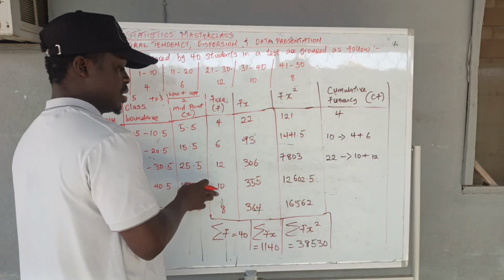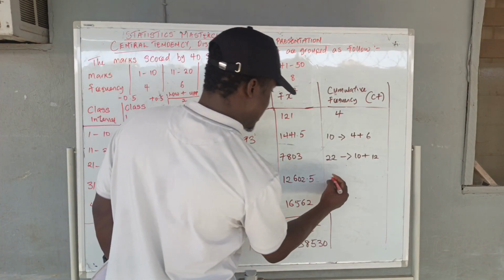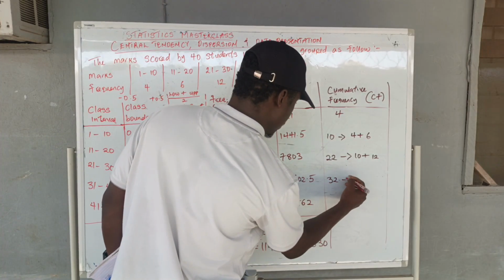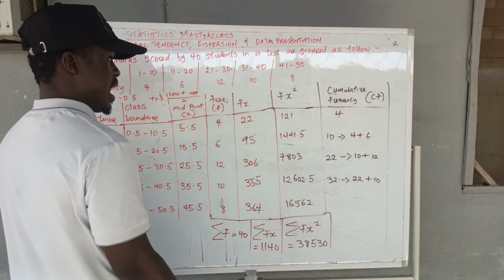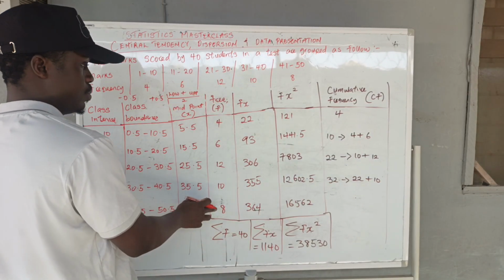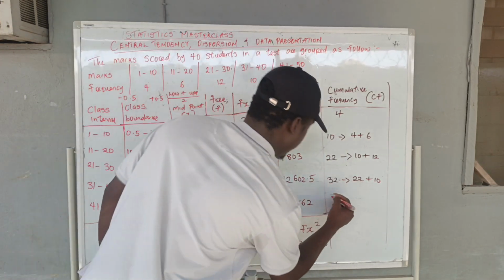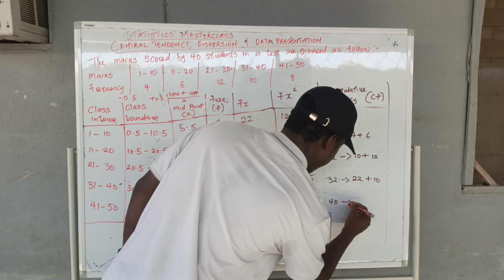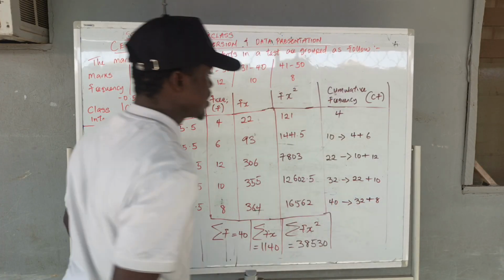The accumulation of 10 to the 22 gives us 32. That is 22 plus 10. And when you say 32 plus 8, that is the accumulation of 8 to this 32. This gives us 40. That is 32 plus 8.